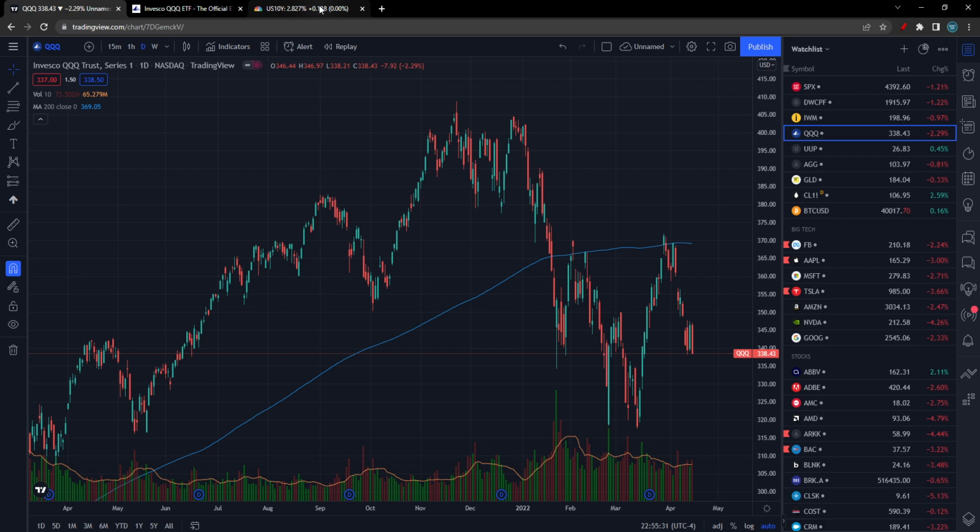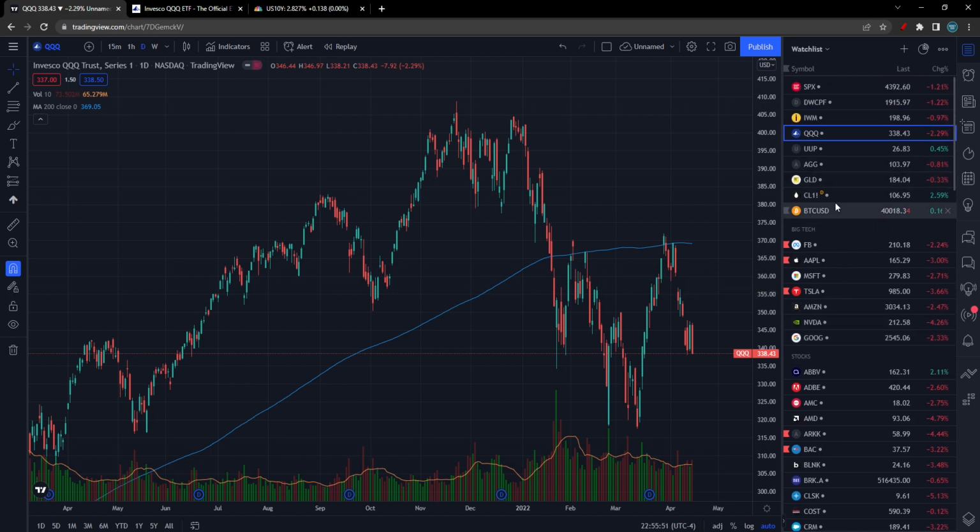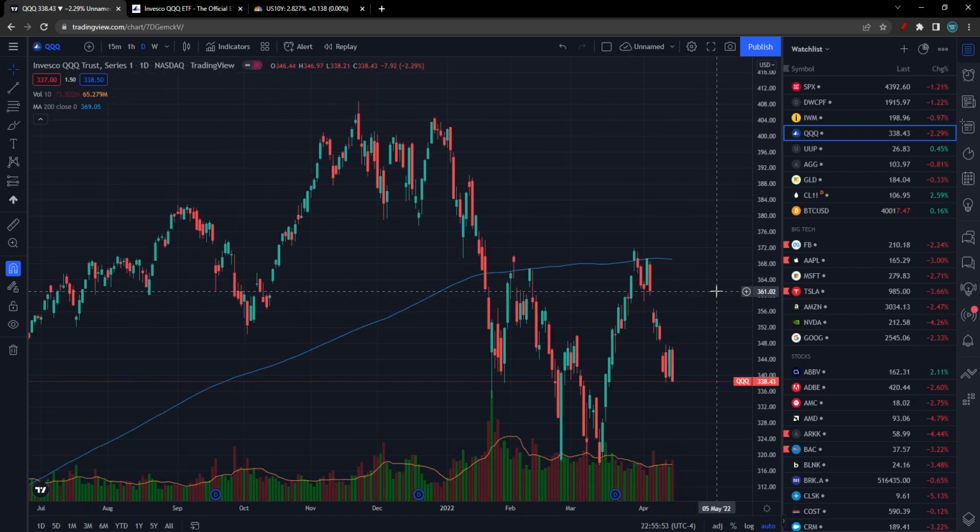High interest rates are bad for small stocks because small stocks, or unprofitable companies, use debt to finance their operations and their company, right? They're not profitable yet, so they have to use debt to finance their operations. Well, large companies don't have to rely on debt as much.